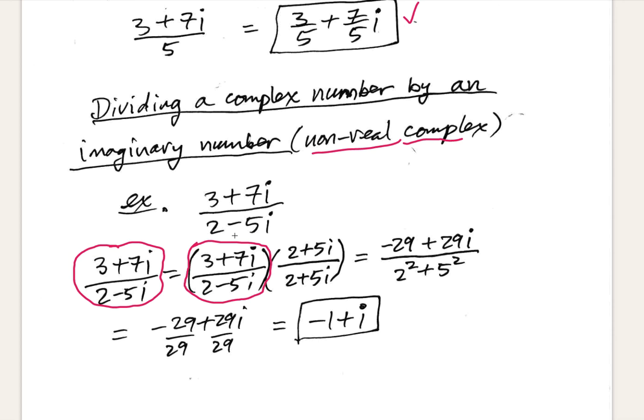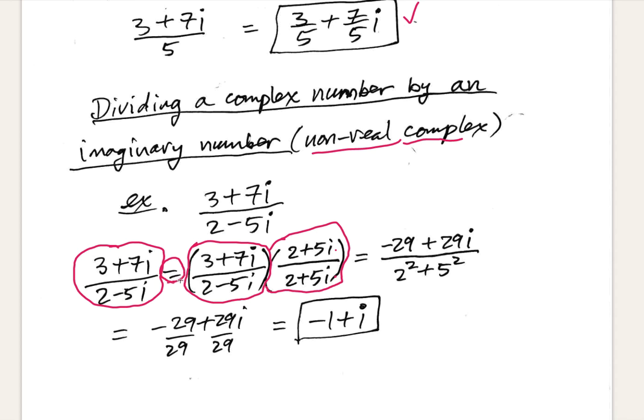Take the conjugate of that denominator and divide it by itself. The conjugate of that denominator is 2 plus 5i, right? I'm going to take 2 plus 5i and divide it by itself. That ought to be 1, right? So I'm just multiplying by 1, which should keep that equal sign valid.